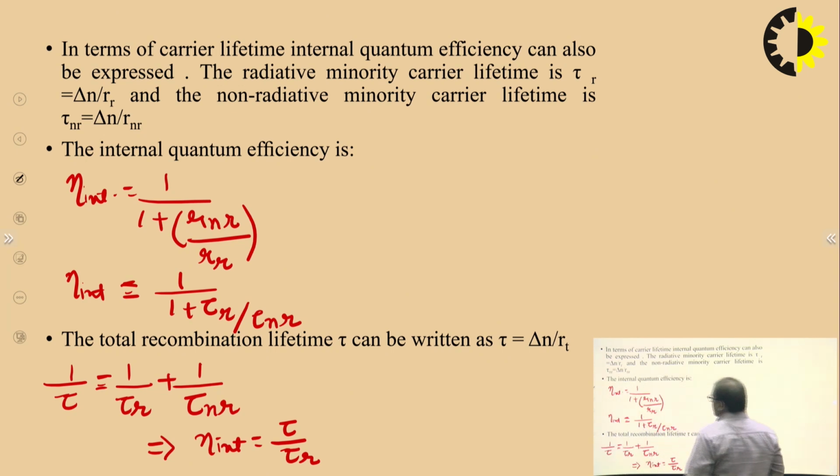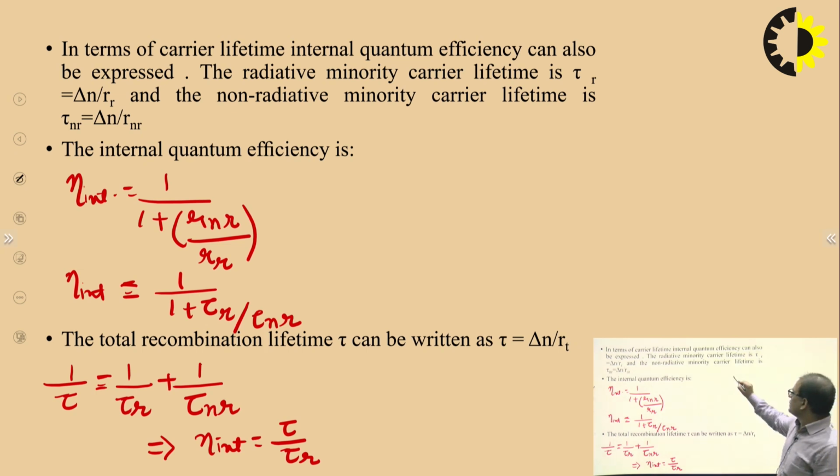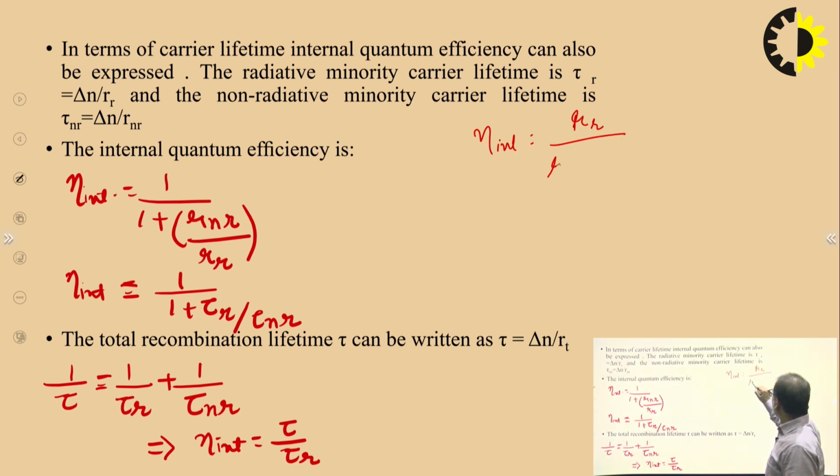Now see, this internal quantum efficiency can also be described in terms of the recombination lifetime of the carrier, clear. As we know, the internal quantum efficiency is equal to RR upon RR plus RNR.